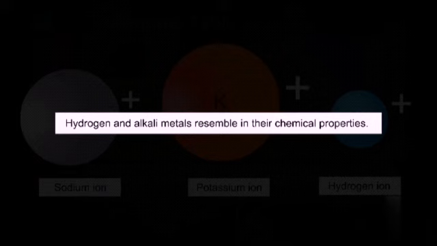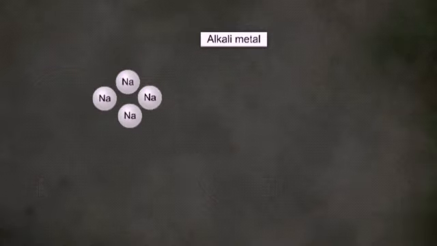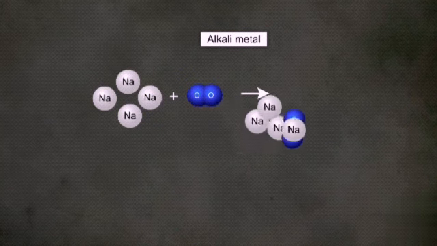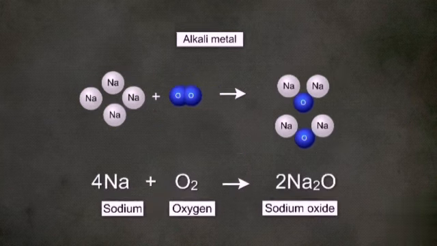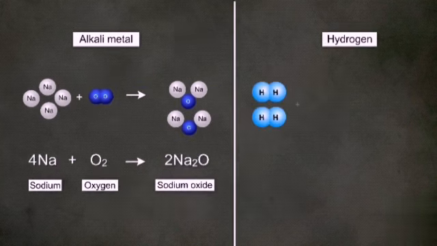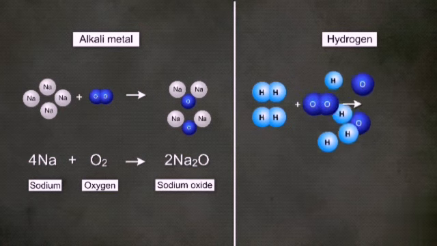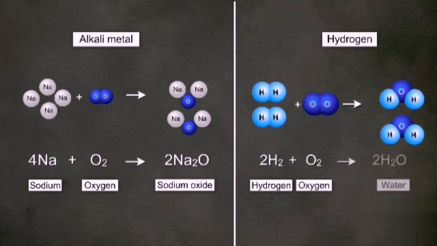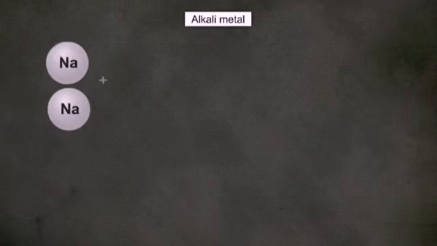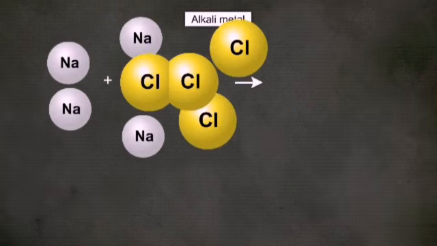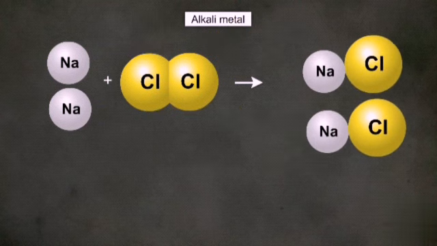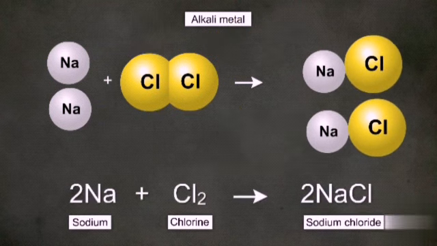For example, with oxygen, an alkali metal combines to form its oxide. Similarly, hydrogen combines with oxygen to form hydrogen oxide, that is water. Similarly, an alkali metal combines with chlorine to form its chloride.